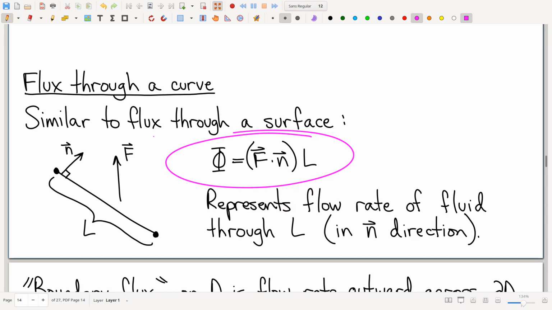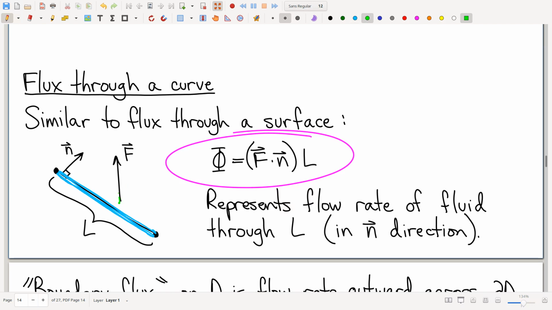And reminder, when we were doing 3-dimensional flux through a 2-dimensional surface, we talked about quantity of fluid per unit time moving through the surface. Here, we're going to imagine quantity of fluid per unit time moving through this edge, this little line.